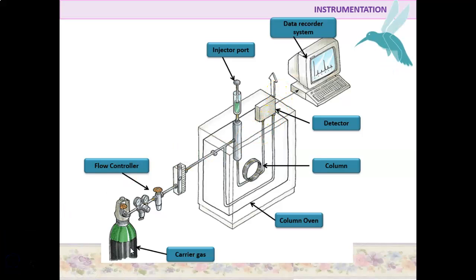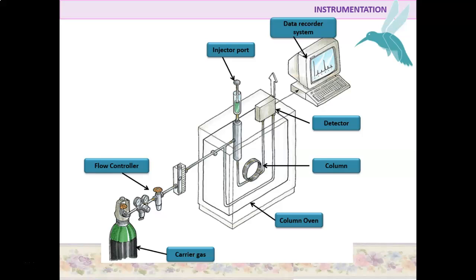In our laboratory, at the chemistry lab, we use GLC, which is gas liquid chromatography. So your sample must be in liquid form only. If your sample is a solid, you need to dissolve it first and make it a liquid by dissolving it with a solvent.